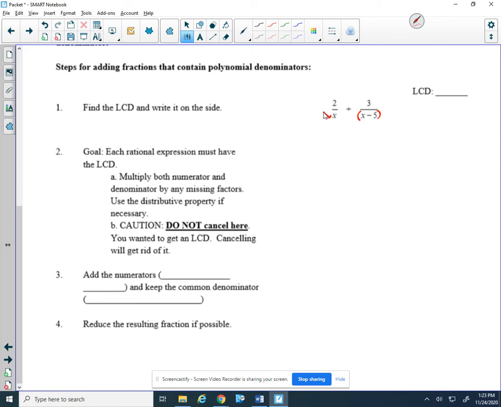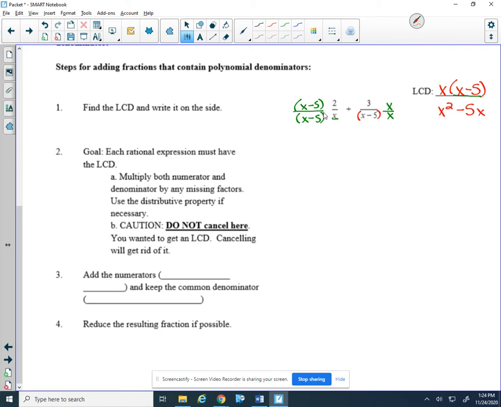So my LCD is actually x times x minus 5, and we want to write it in this factored form, and also simplified, so that's x squared minus 5x. The factored form is nice because it lets me see what each fraction is missing. My first fraction is missing the x minus 5, and my second fraction is missing the x.